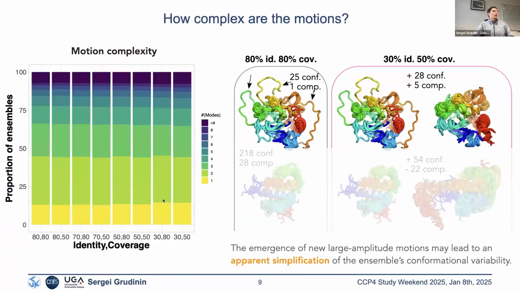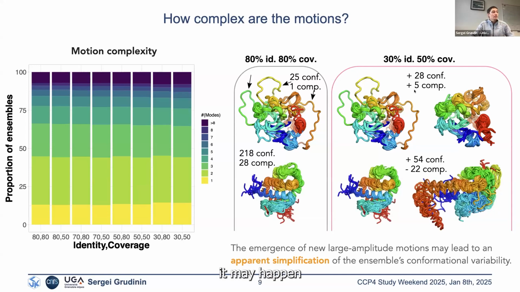Another observation is that the motion complexity does not really change over the identity and the coverage of the conformational collections. If we relax the sequence identity, we will have more conformations. So in the first example, there are 28 more conformations in our collections, and the motion complexity increases by 5 principal components.